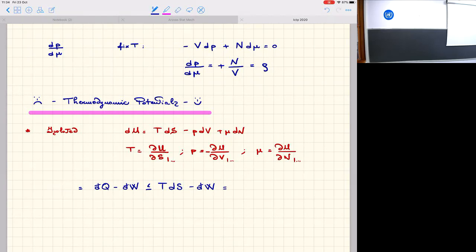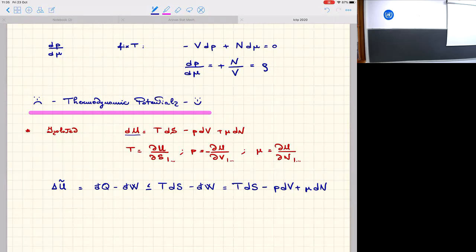Let's call this not dU, I don't want you to get confused. Change in internal energy, or whatever, is smaller or equal than TdS minus PdV plus mu dN. Why do you change the symbol of U?